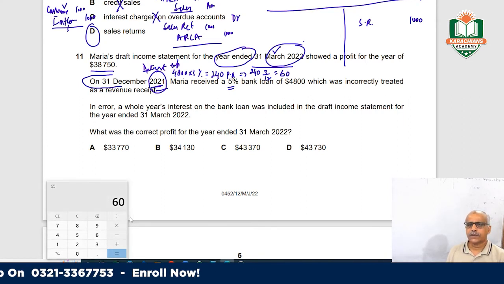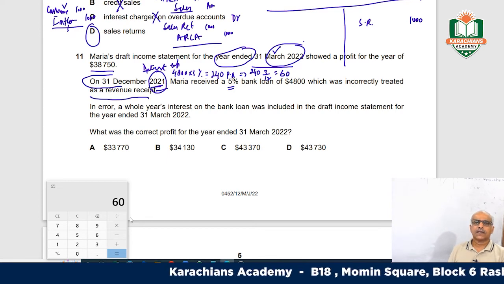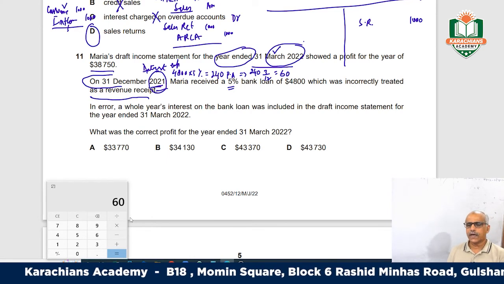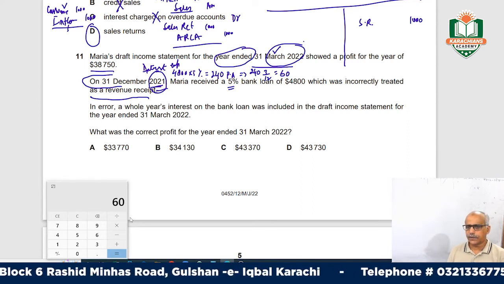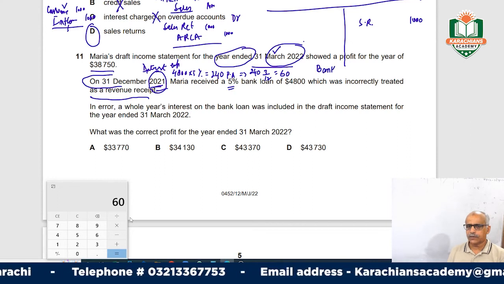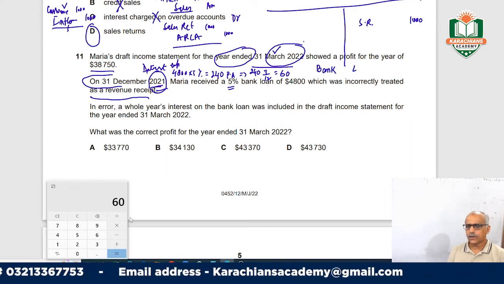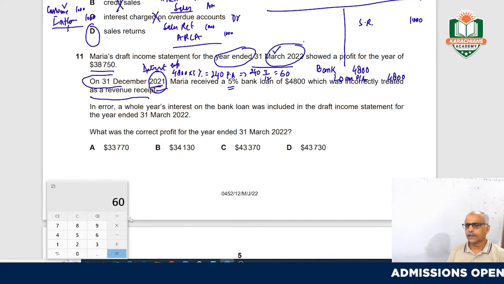So this will be the expense which she should have charged, but it was incorrectly treated as a revenue receipt. What happened is she was to make an entry that this amount she has got from bank, 4,800, this was to be debited, and 4,800 loan payable was to be credited.